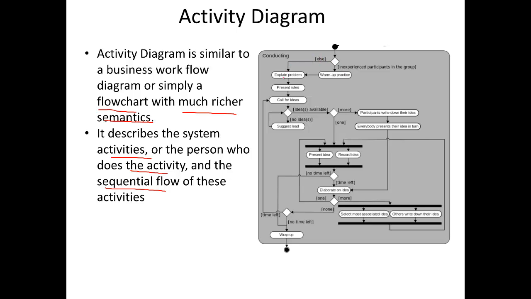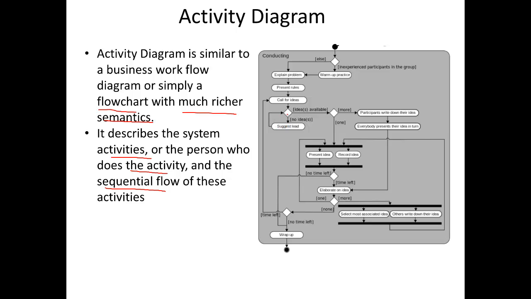We can go to explain the problem. Then we go on to the next activity, present rules. Then the next activity, call for ideas. Then we have an option here. If some condition is satisfied, we go to the next. If it is not satisfied, we go to this activity.